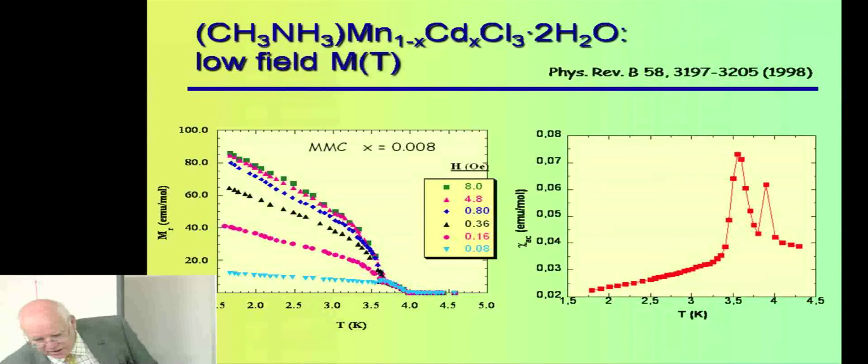Manganese fluoride, the iron derivative, both, this manganese linear chain, everything collapsed very beautifully. So that tells us that the phenomena is strictly related to the antiferromagnetic lattice and not to the compound. So it is dilution independent, field independent, compound independent.